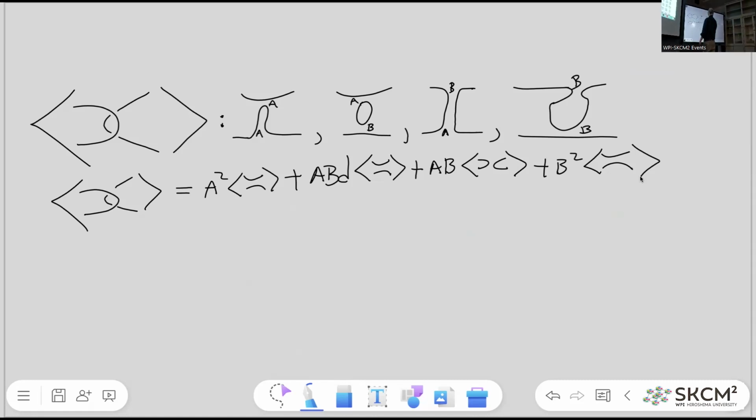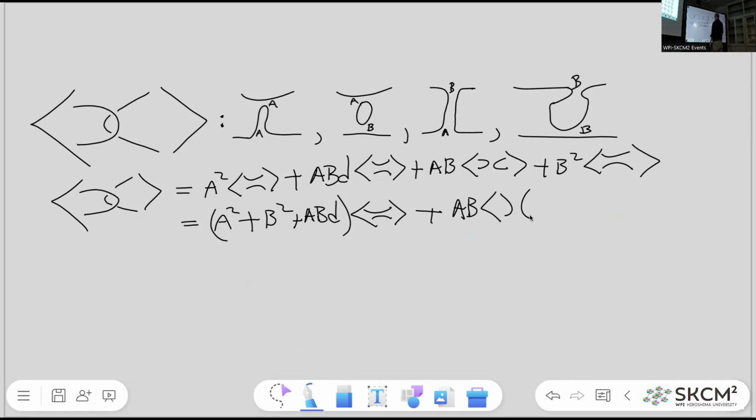This one and that one are the same, and this one's different. So I can collect up my terms, and I get A squared plus B squared plus ABD multiplying the horizontal smoothing, plus AB multiplying the vertical smoothing. So that's the correct formula for how this would behave if there was a potential Reidemeister 2 move there. So it's not invariant under the Reidemeister 2 move. It behaves by this formula.